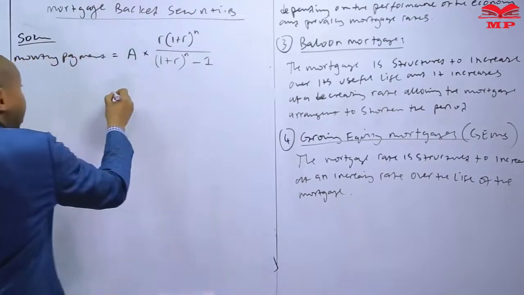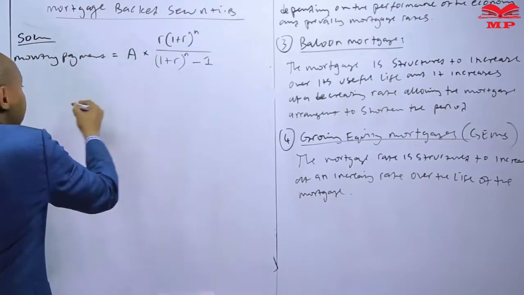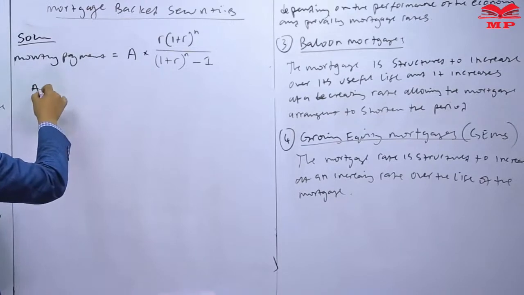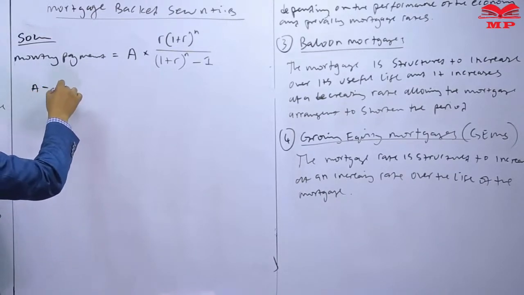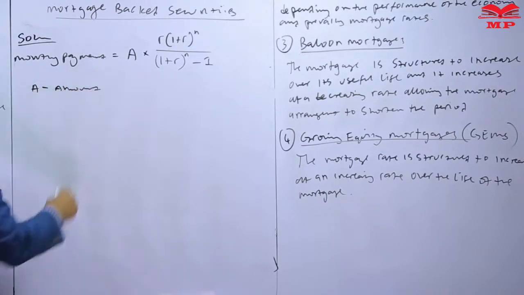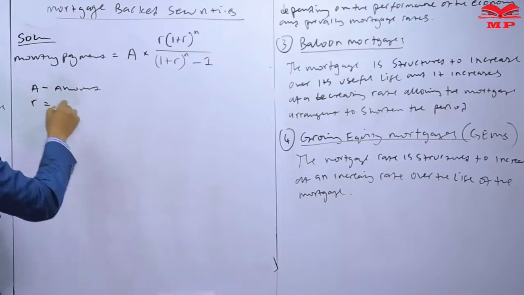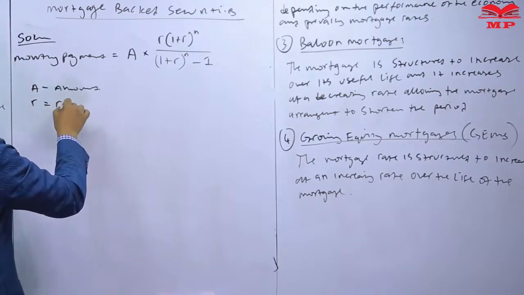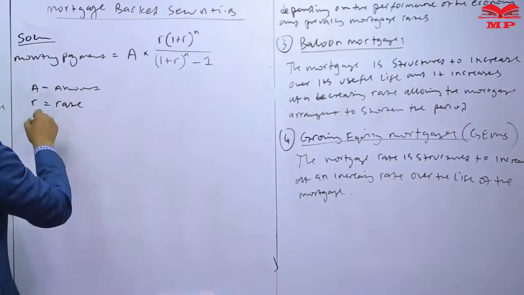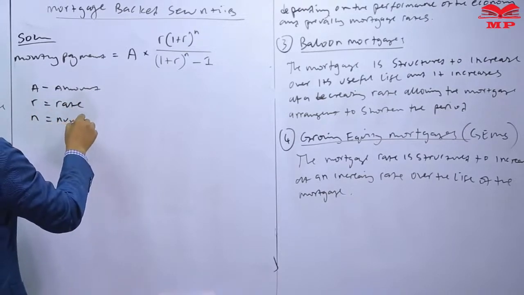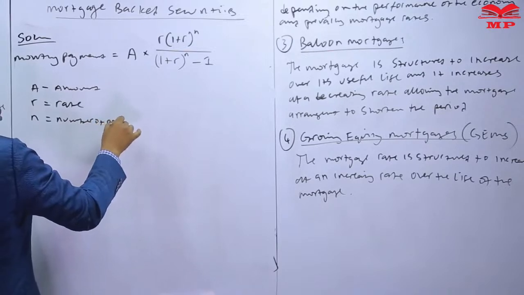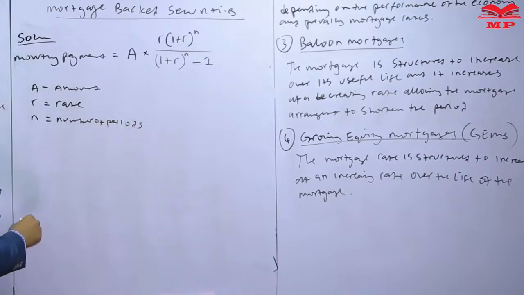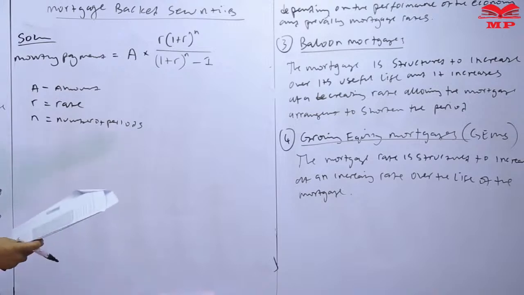That is what you are expected to pay. A is the amount, R is the rate, N is the number of periods. I've already explained A, R, and N. That is what we need to understand. Now that is the monthly payment.